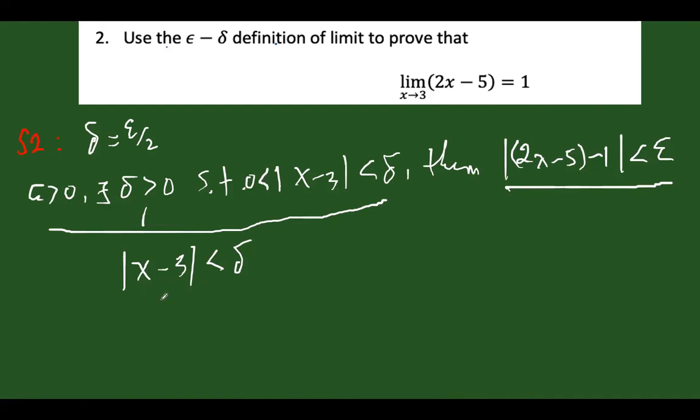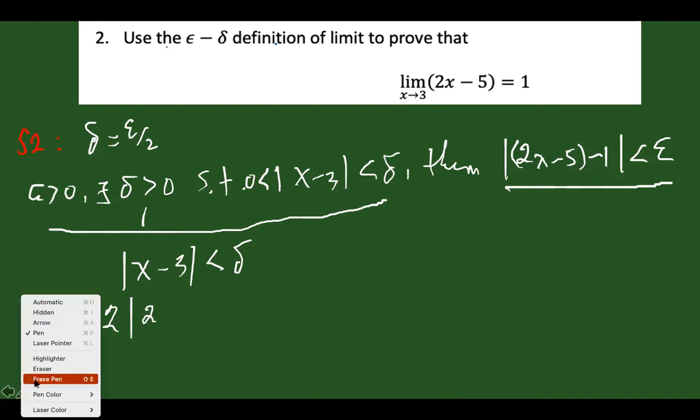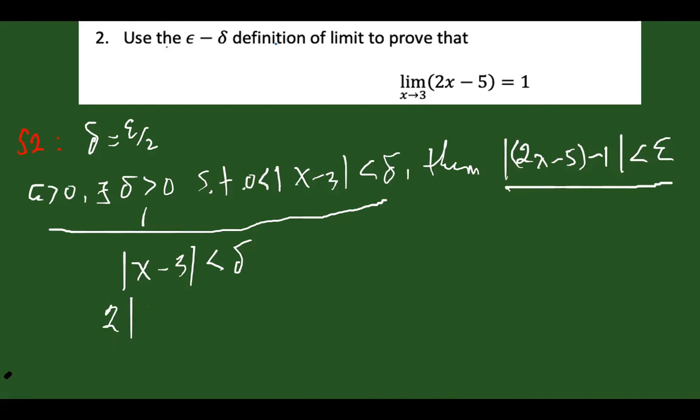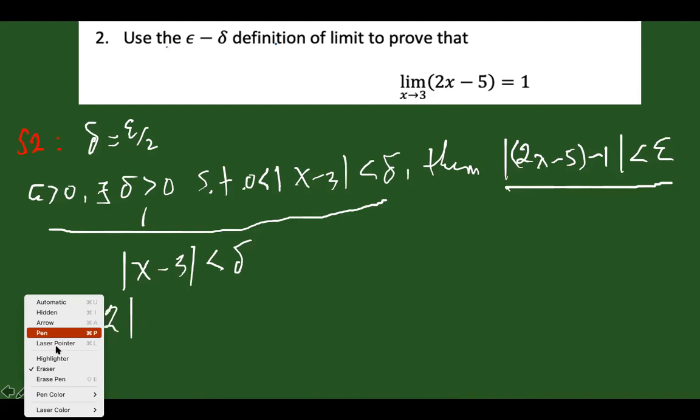So what do we do with this? Since this is 2x, I need to multiply this by 2 such that this becomes 2x. So I could multiply both sides by 2. Sorry, let me erase. This is not 2, it's supposed to be x.